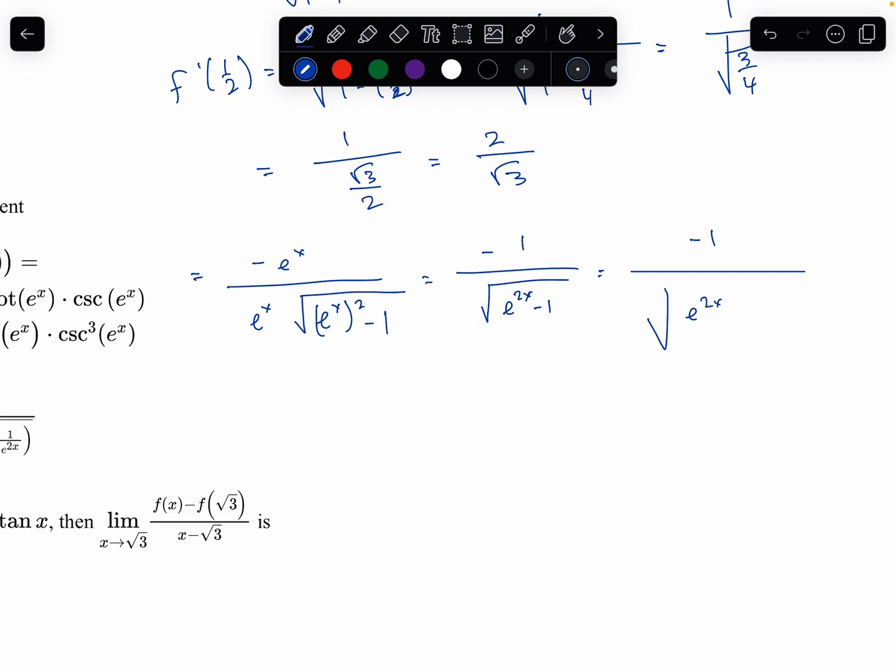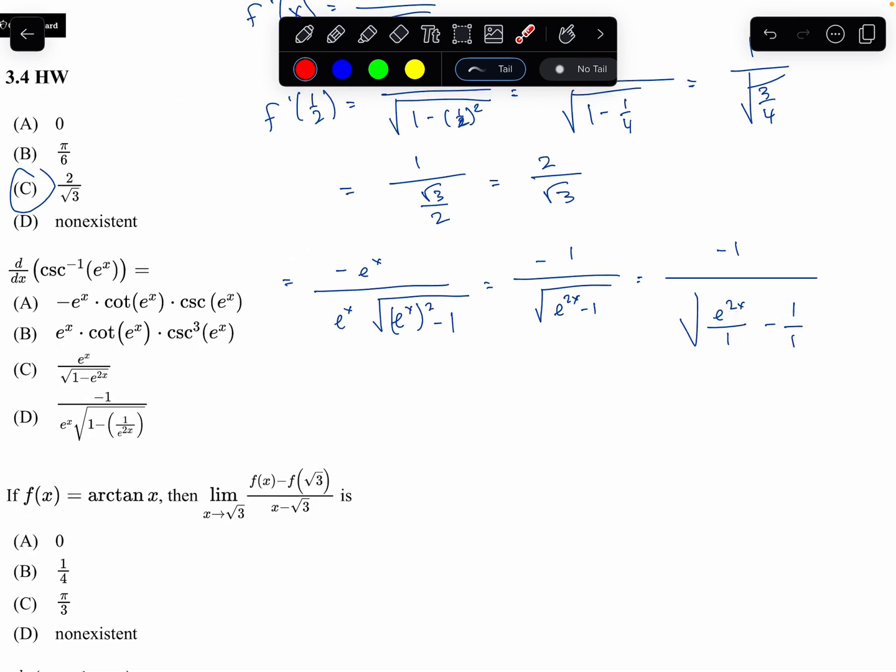But I think what they're doing is taking the terms here, and I think they're dividing by e to the 2x or something.